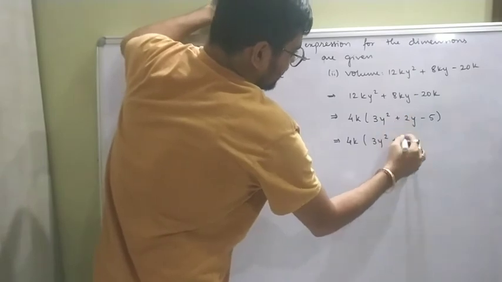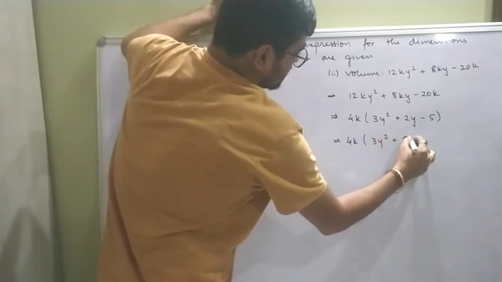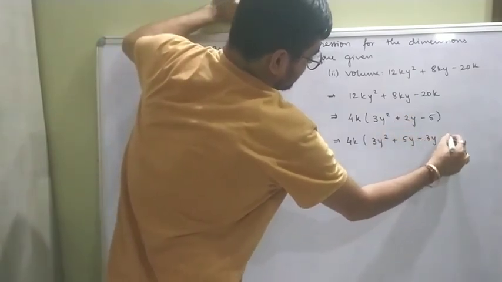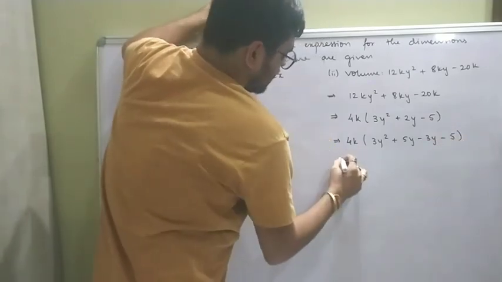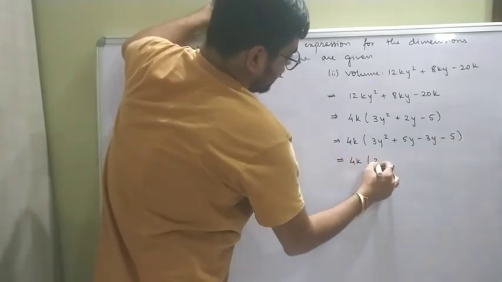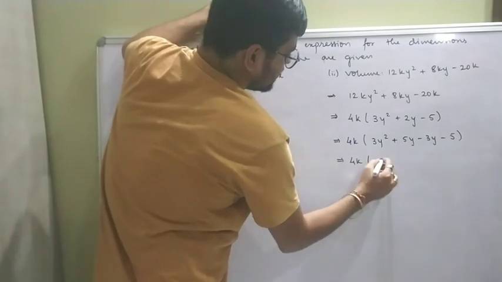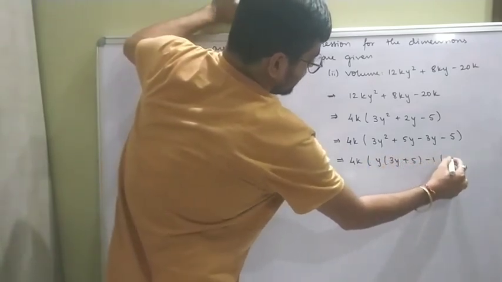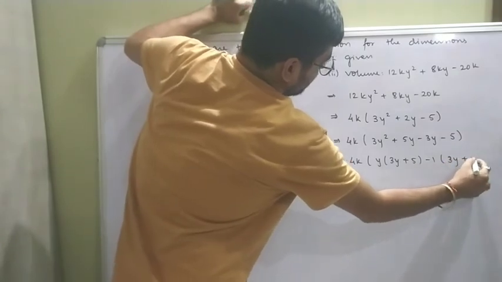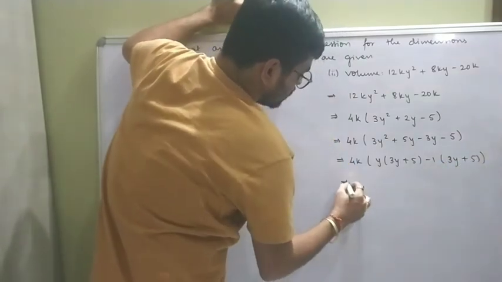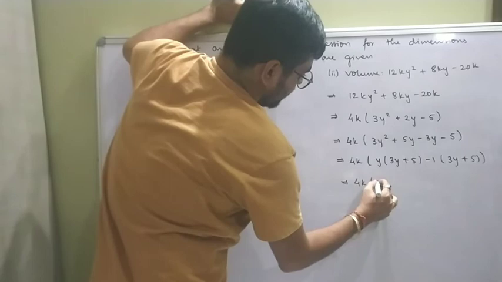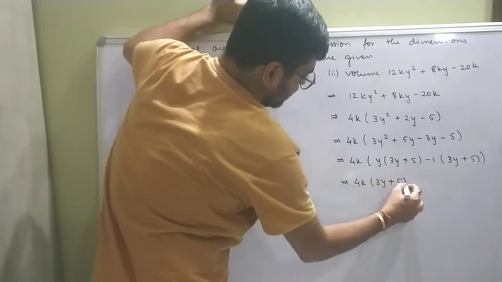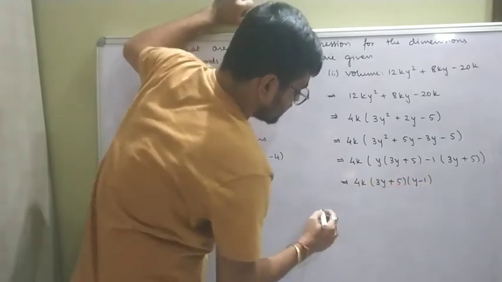Now this is positive, so I am supposed to write plus 5y minus 3y minus 5. Correct. So 4k, my bad, y is only common, so y into 3y plus 5 minus 1 common, and 3y plus 5. So I got factors 4k into 3y plus 5 and y minus 1.